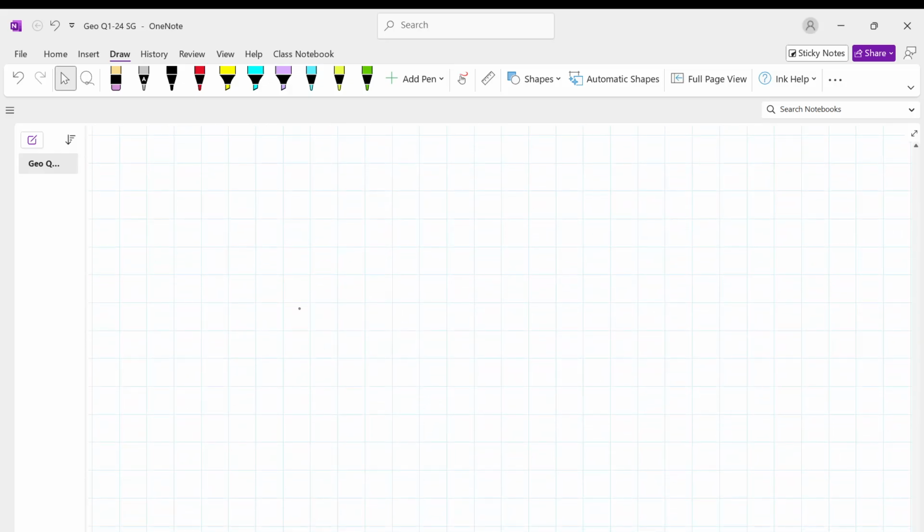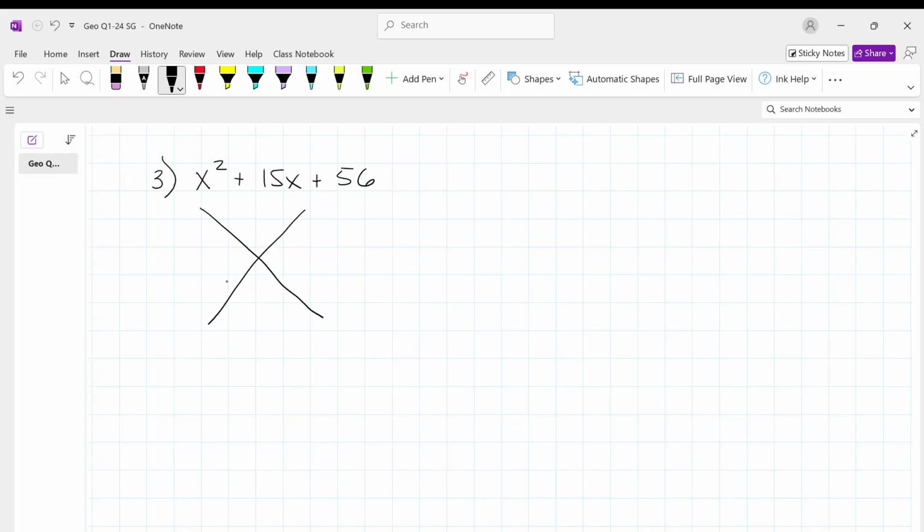All right, problem number 3. X squared plus 15x plus 56. Two factors got to multiply to positive 56, and they got to add to positive 15.